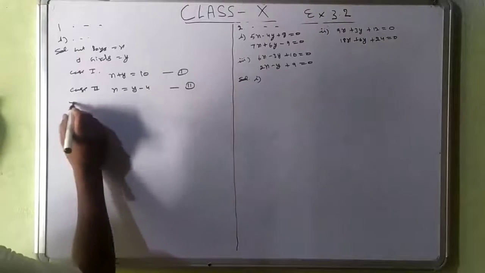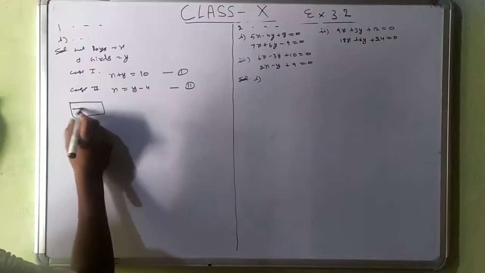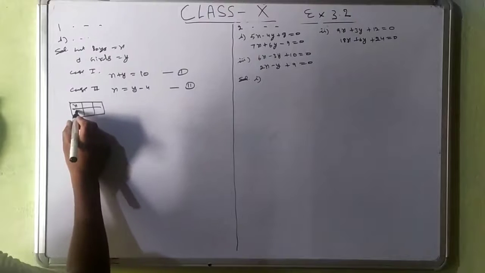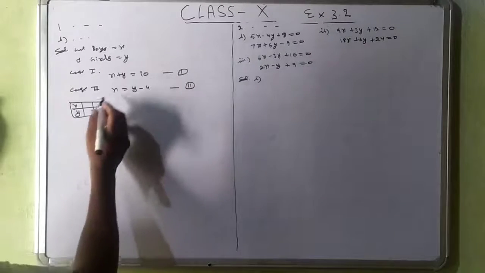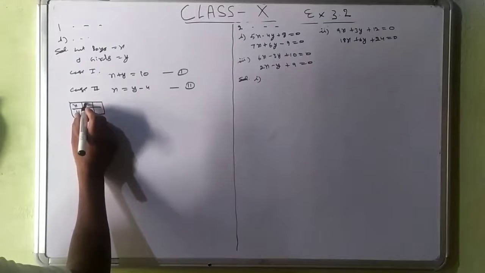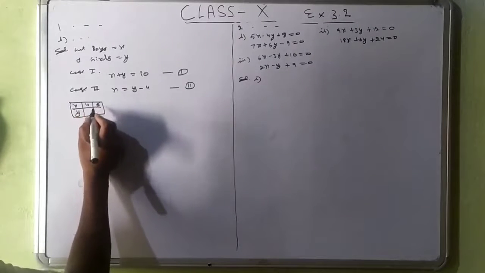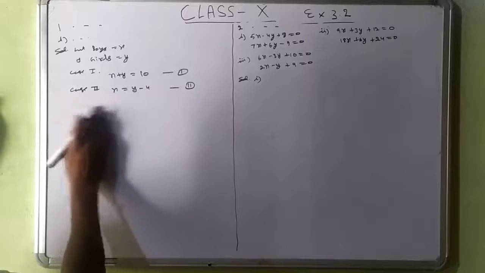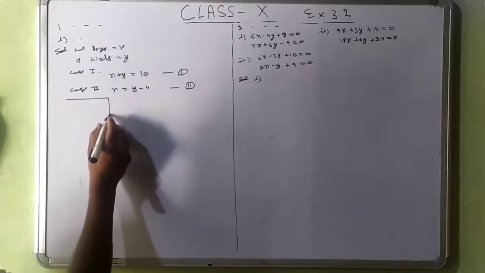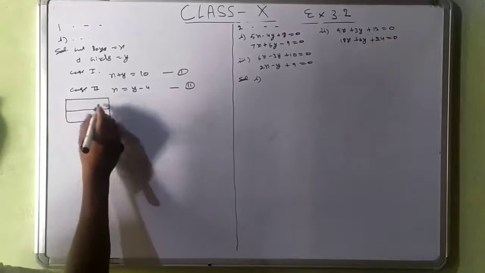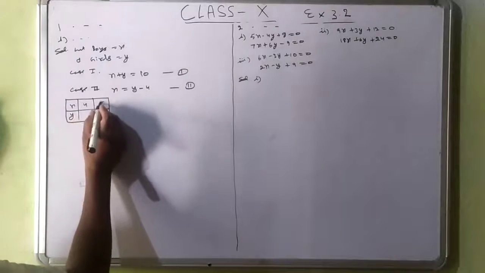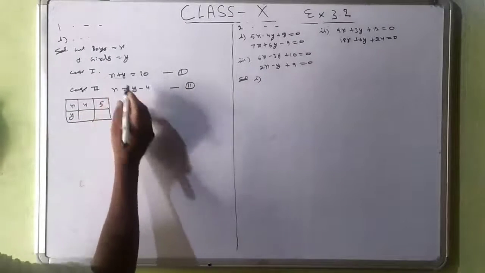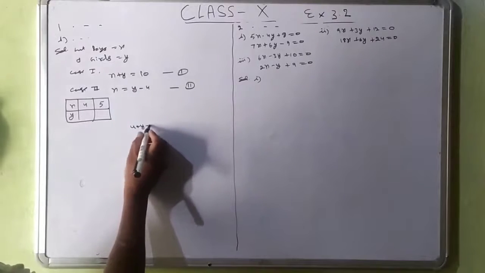So first of all, you will draw a box for the first part, x, y. Here we will write 4, 5. If you place the 4, then 4 plus y is equal to 10.